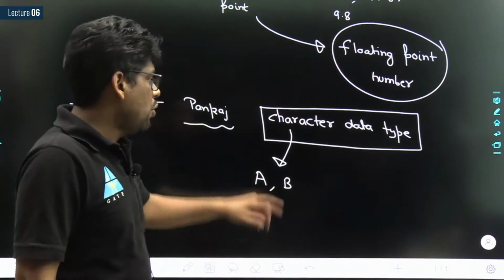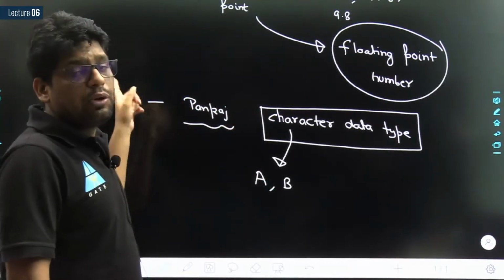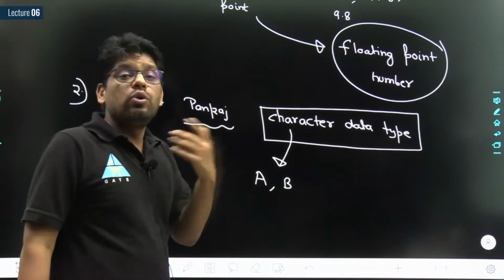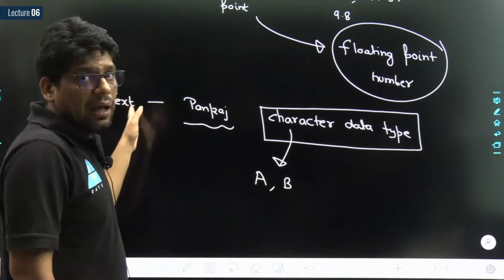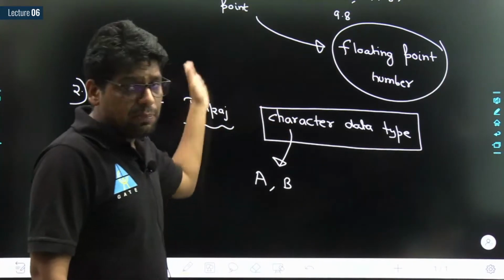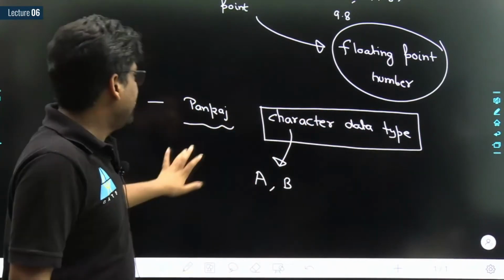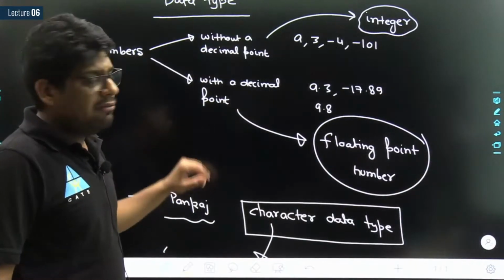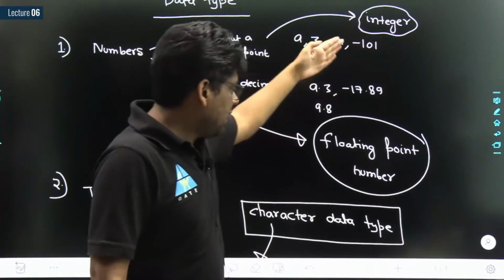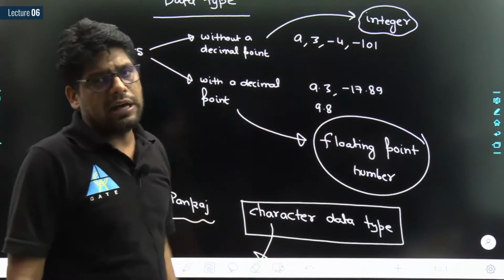But as of now, to handle textual data in C programming, we have the character data type. To handle numeric data, we have the integer data type as well as the floating point data type.